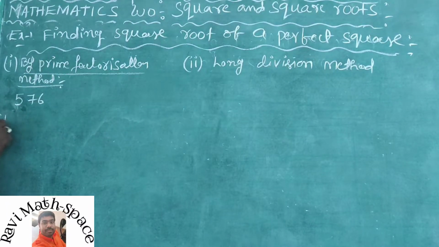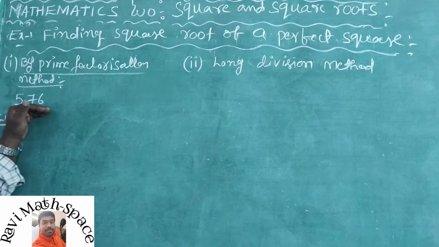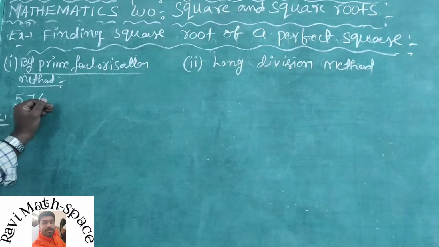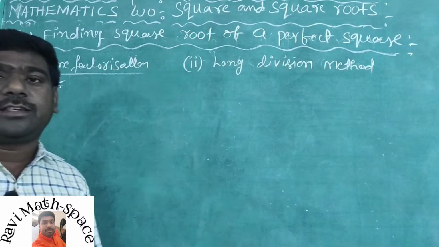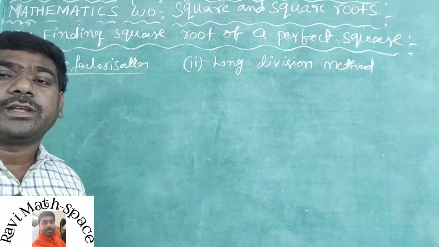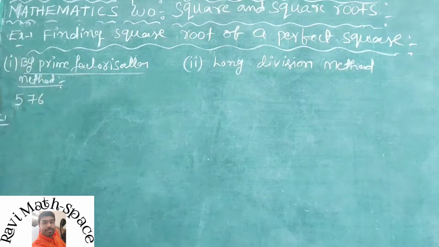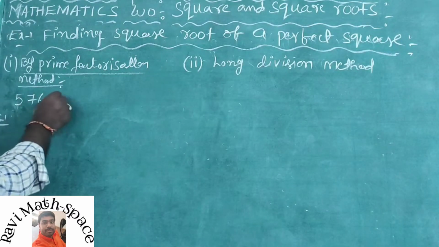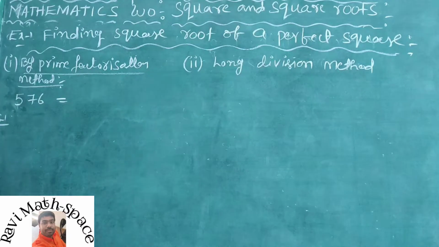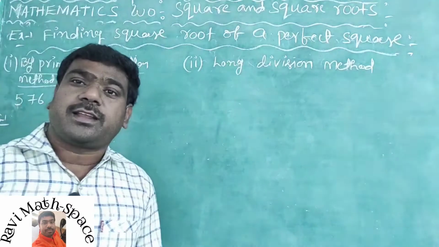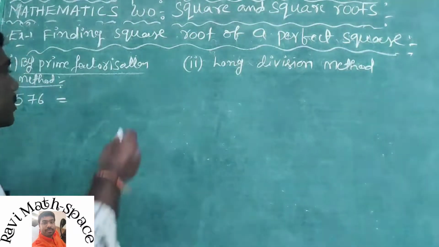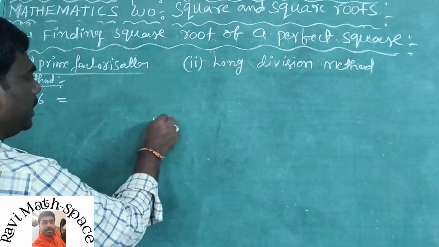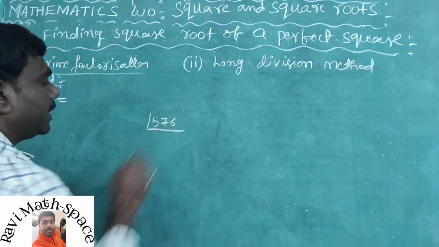Step 1: the given number, 576, we have to represent in prime factorization form. How to find the prime factorization of the given number? By using the long division method I can find it in a very simple manner.